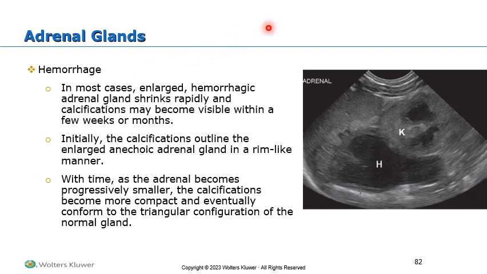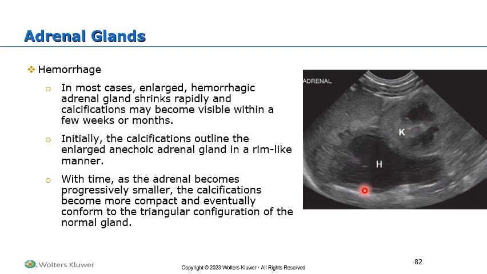Okay, with hemorrhage, in most cases, it will break back down, shrink rapidly, and it might have long-term calcifications from leftover chronic thrombus, but it should usually get back to normal. So here you see the kidney, here you see a major adrenal hematoma next to it.